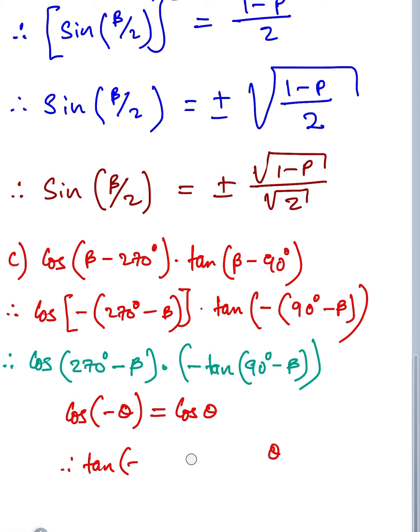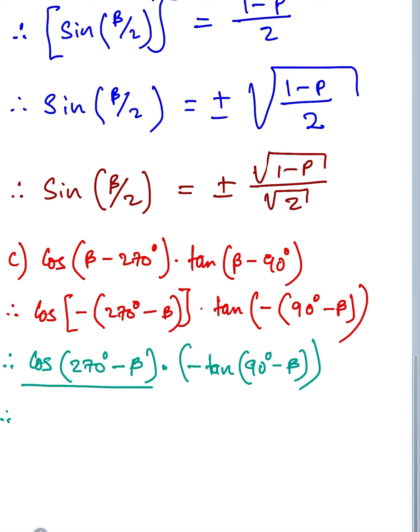And then now pay attention largely. I'm going to say to myself now, therefore, what is this one? It seems like it's a co-function identity. It's 90 degrees minus a beta. If you look into that largely, 270 degrees minus beta is an angle in the third quadrant.